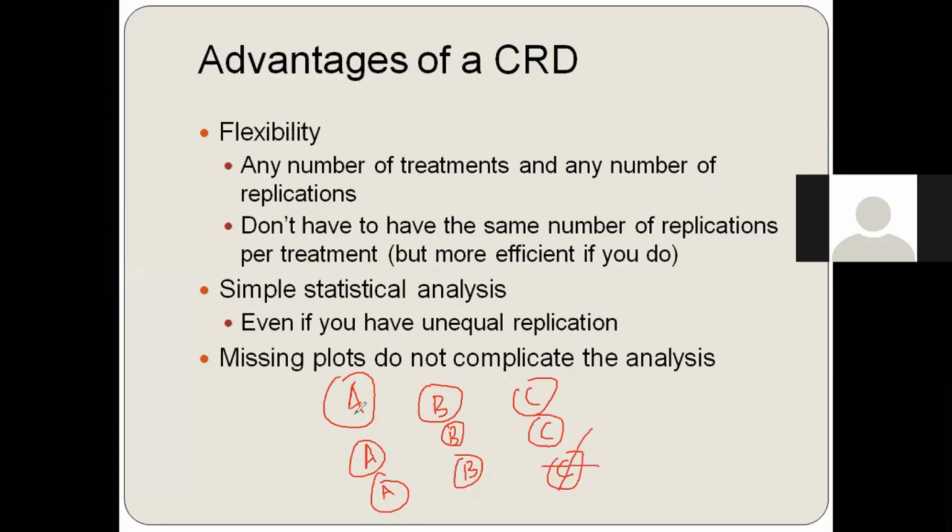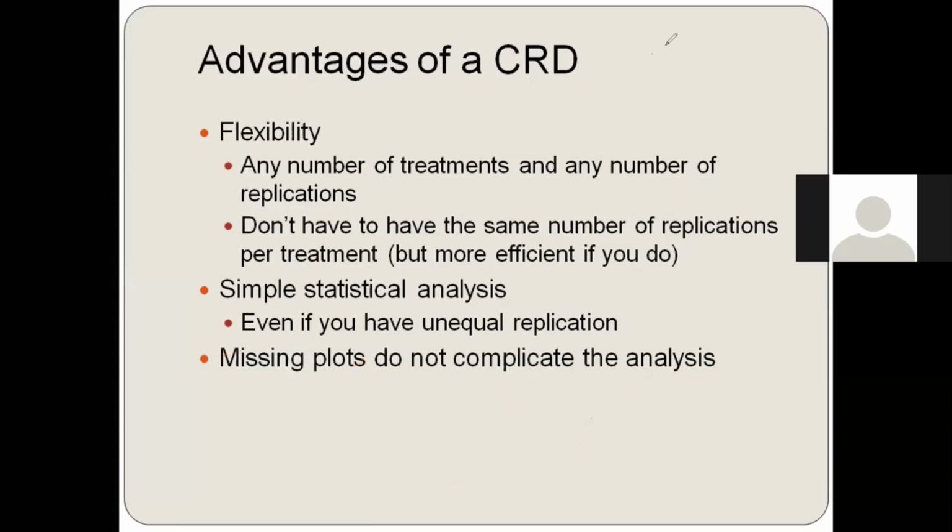Initially I took the same number of replicates, but now I have 3 replicates for A, 3 for B, and only 2 for C. So even if there are missing plots, each of these can be considered as a plot. Even if one is missing, we can still complete the analysis in CRD. That is the specialty of CRD.